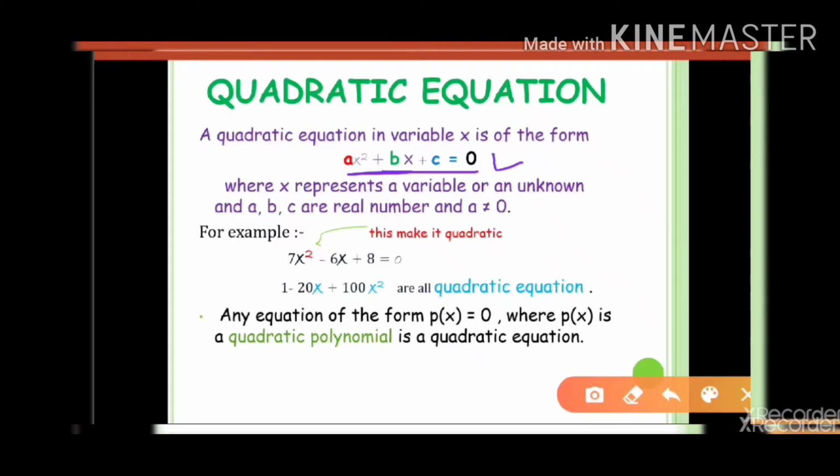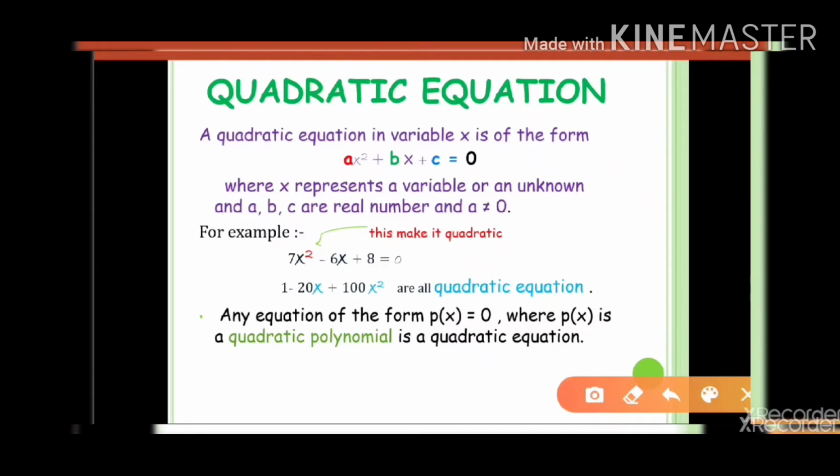In this equation, a, b and c are real numbers where a is not equal to 0 and x is a variable.